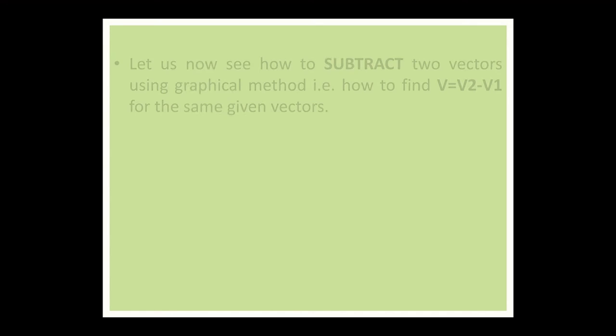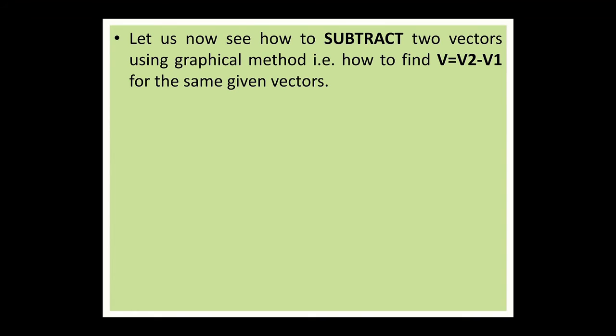Let us now see how to subtract two vectors using the graphical method, that is, how to find V2 minus V1. Here we are going to subtract V1 from V2 using the graphical method. So how can you represent V is equal to V2 minus V1 using a graph?